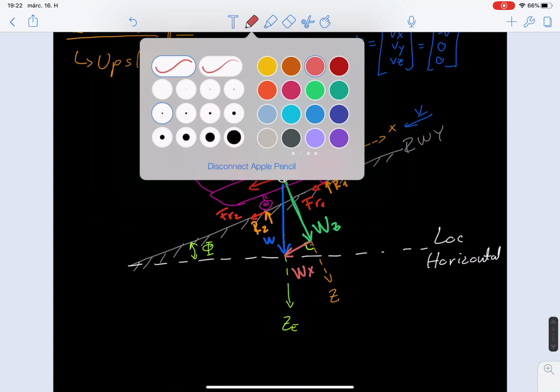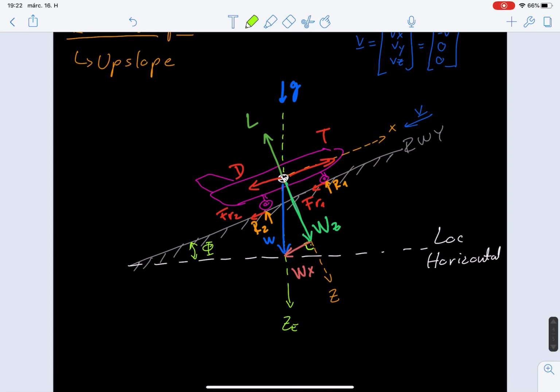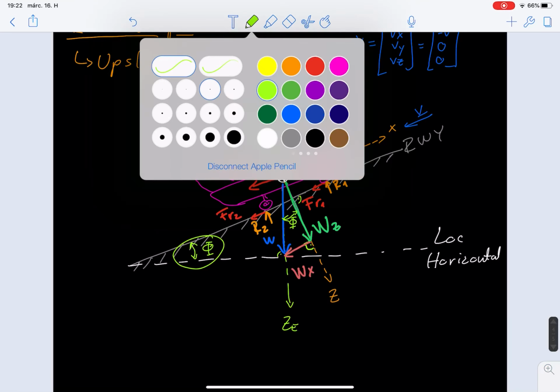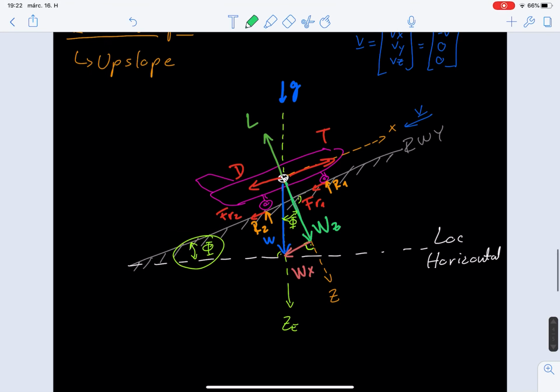Okay, so I think you can already see how these two components are going to be calculated. Because we have a perpendicular here and we have a perpendicular here, this phi angle is going to equal this phi angle up here, and from there the calculation is fairly simple.